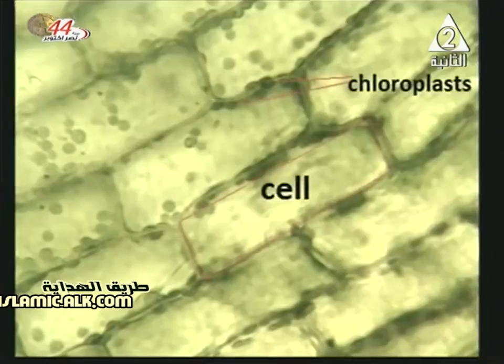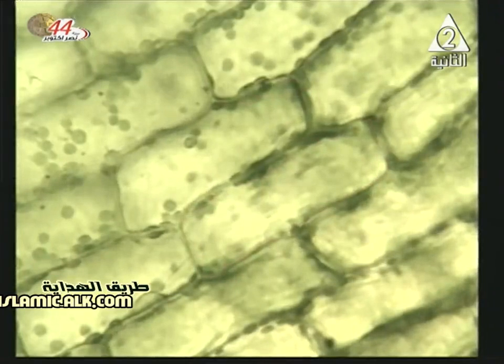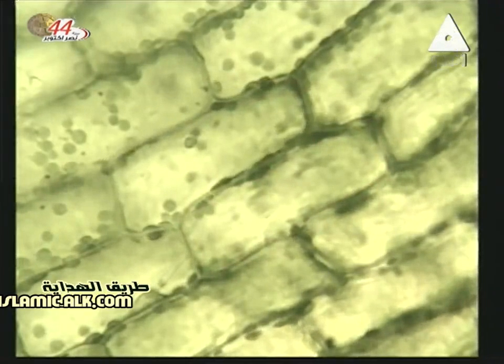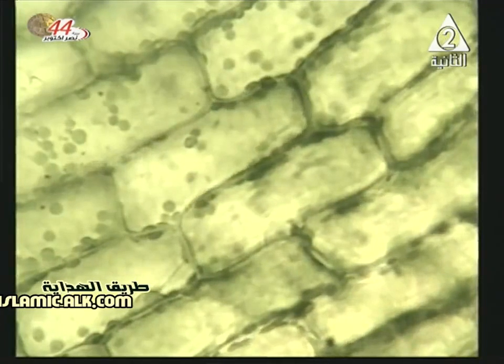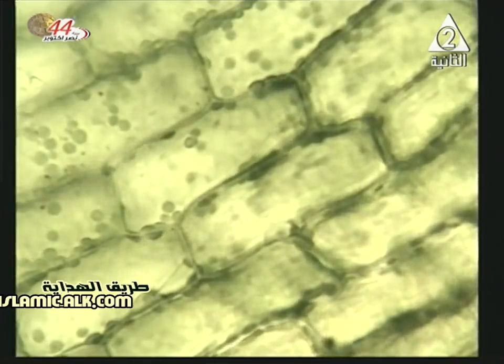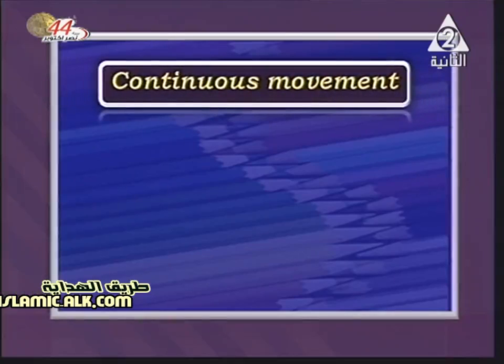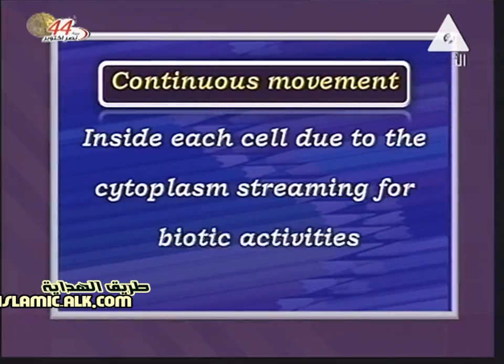I hope you got the meaning of cytoplasmic streaming. So, the first type of movement that we have is continuous movement inside all different types of cells, like cytoplasmic streaming as shown in the video.